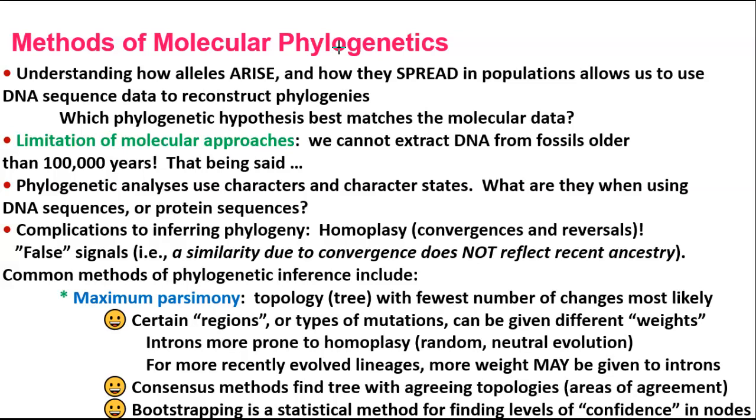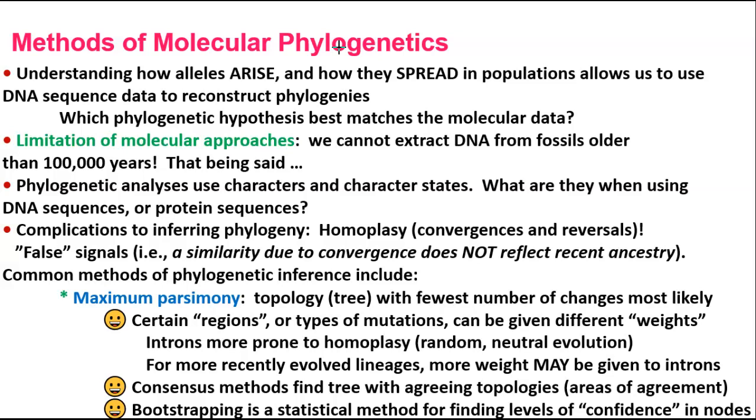And then the character states would be, well, which of the 4 nitrogenous bases are in that position: adenine, guanine, thymine, or cytosine. When it comes to proteins, then we're looking at a particular amino acid site or position in a polypeptide. Is it the amino acid that's in position number 12? Is it the amino acid that's in position number 213?